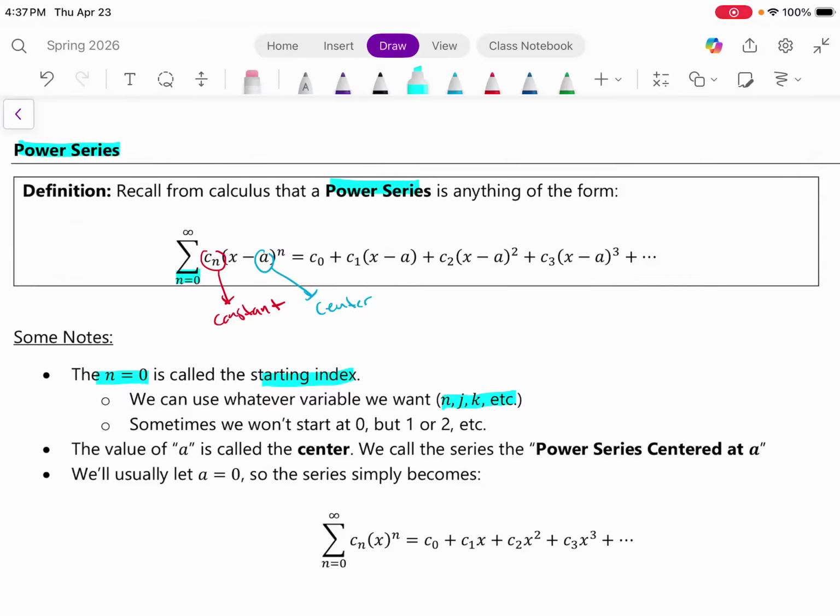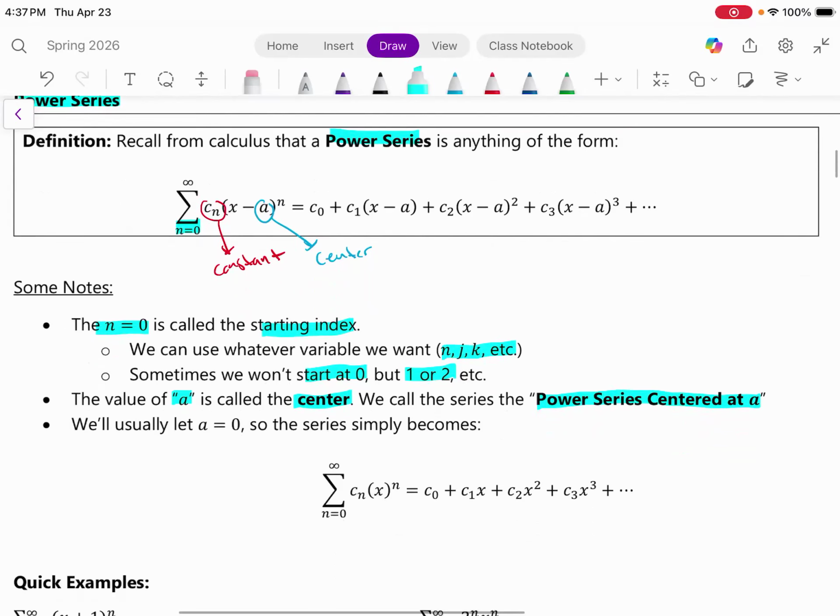Sometimes we won't always start at 0. We might start at 1 or 2, depending on the problem. And the a in the general definition is called the center, so we call it a power series centered at a.